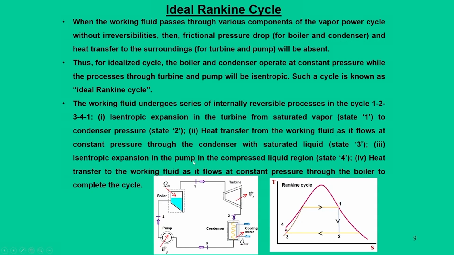Then we have an isentropic process in the pump, so instead of expansion I should write isentropic process in the pump in the compressed liquid region. Then the heat transfer to the working fluid occurs at constant pressure through the boiler. So, all these heat addition and heat rejection processes take place at constant pressure, and the pump and turbine processes are treated as isentropic.